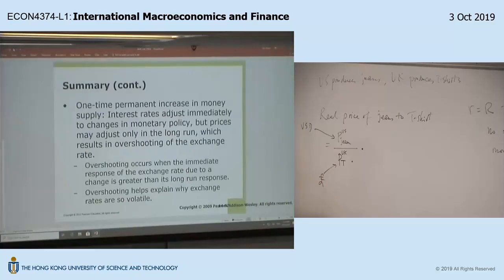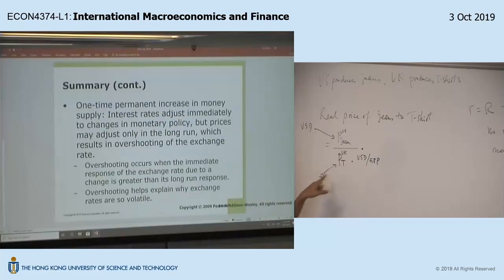It's each pound. How many dollar is each pound, right? So it's the USD per British pound. So how many dollar can each British pound buy?